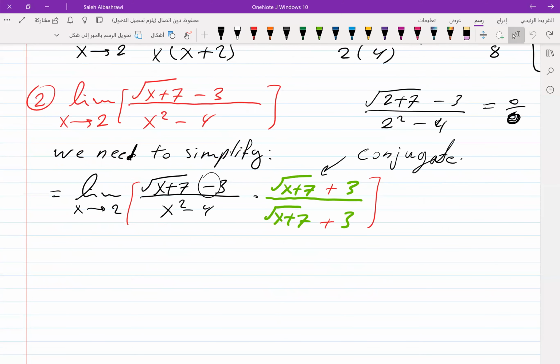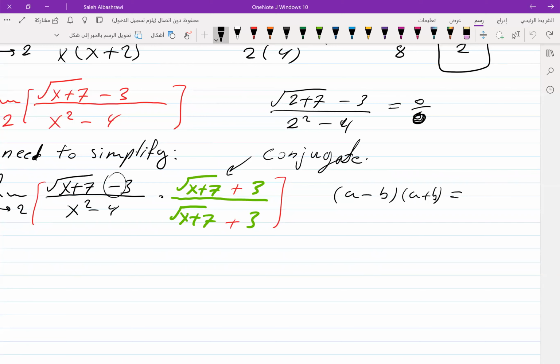Now I have a minus b multiplied by a plus b, which is equal to a square minus b square, the difference between two squares. If I multiply a binomial by its conjugate, I will have a square minus b square.